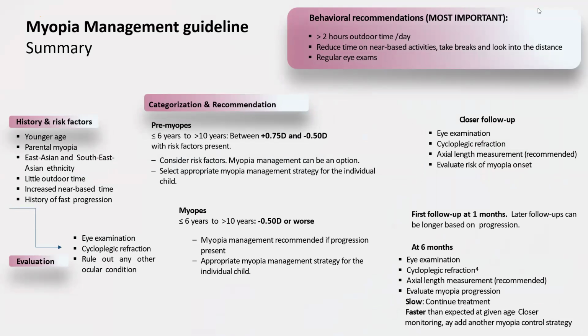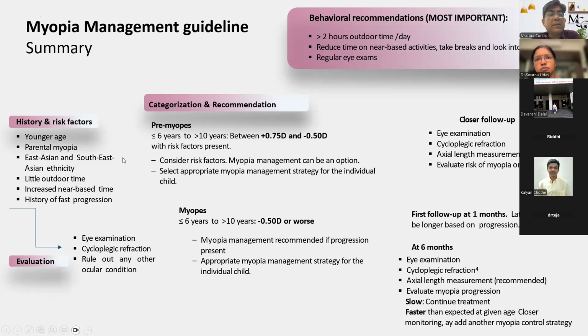And then we gradually come to other things like younger age, parental myopia, outdoor time, near time, history of fast progression. Because history of fast progression will tell us whether we should start with combination therapy, or whether we should start with only atropine. Because regardless of whatever we say, when we start atropine, it suffers from compliance bias.